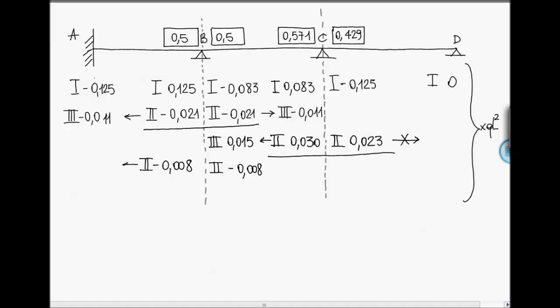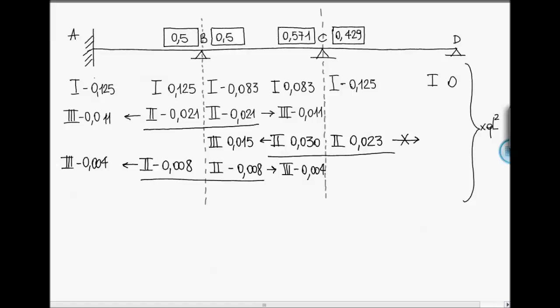We consider the carryover factors and we obtain a third bending moment on node A equal to minus 0.004. The same thing on node C. And now node B is balanced.